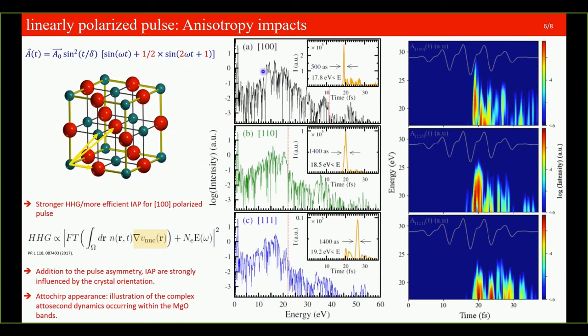And as you can see here, the HHG resulting from the pulse polarization in the 100 direction is much higher than the HHG in the 110 or 111 direction, which can be explained by the strong ionic potential in this direction, as the nuclei potential can affect the high harmonics emission.